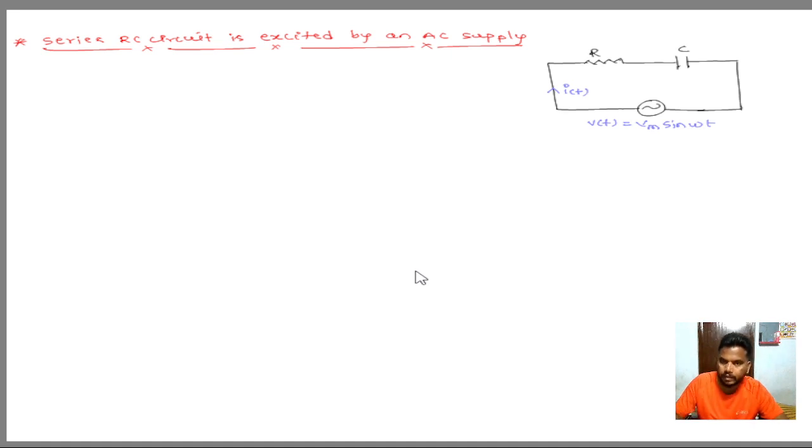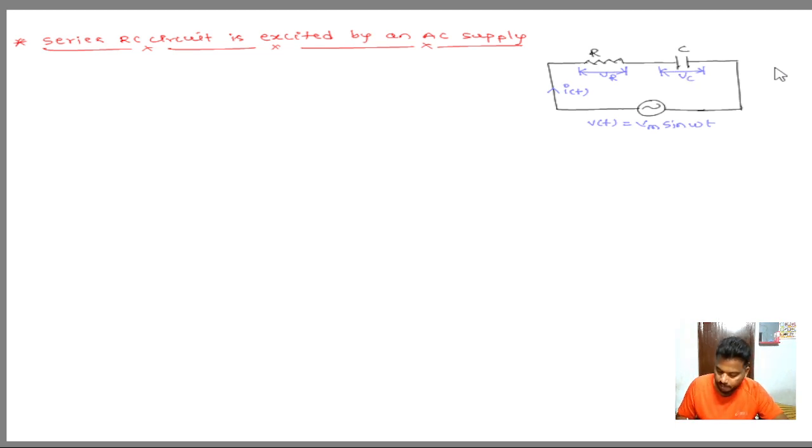When alternating current flows through the resistor and capacitor, there is a voltage drop. The voltage drop across the resistor we call VR, and the voltage drop across the capacitor we call VC.